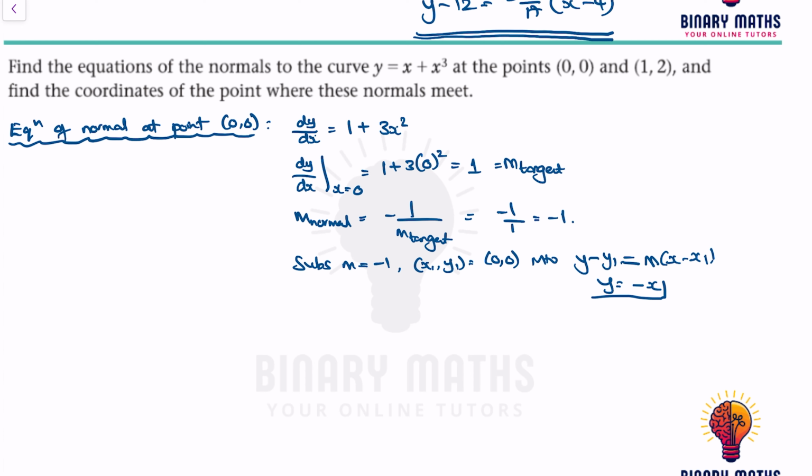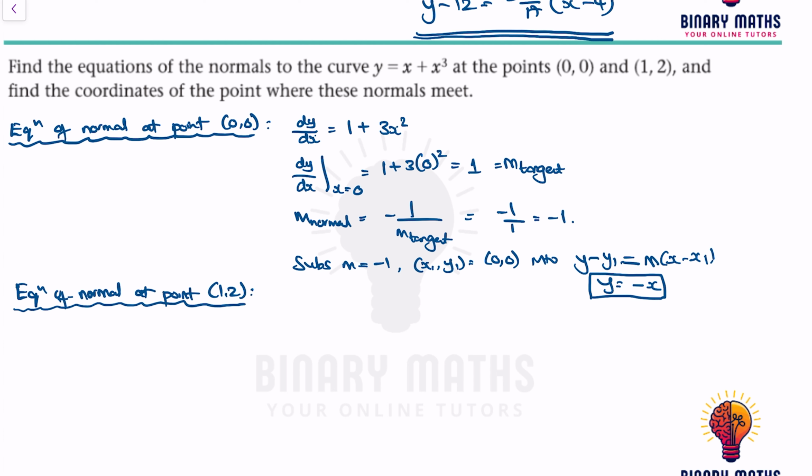So that is the equation of my normal at the point 0, 0. I need to do the same thing with equation of normal at point 1, 2.